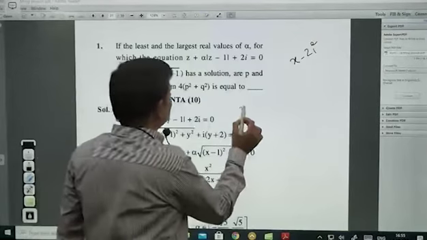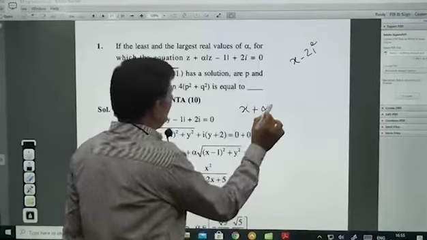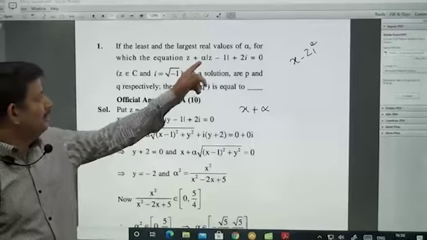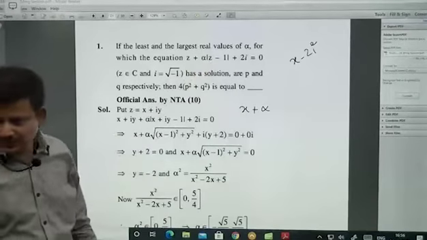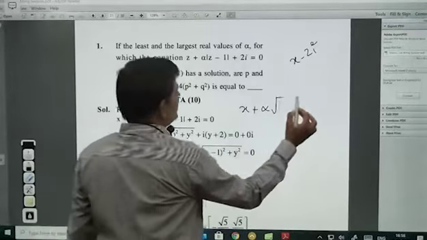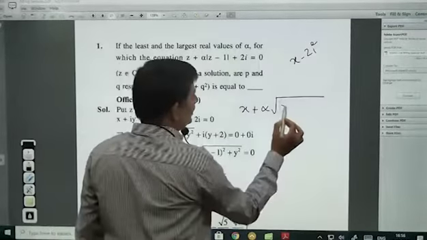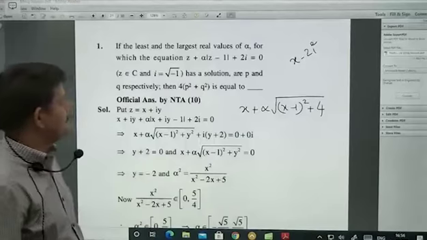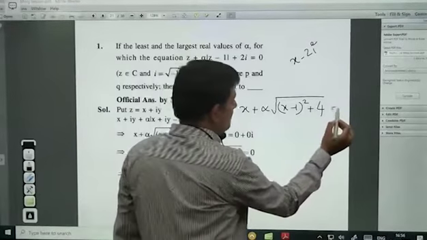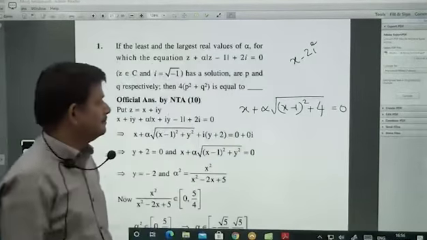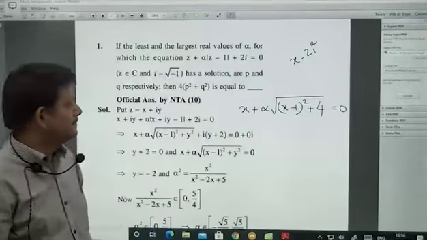So substitute in it. What will it be? x plus alpha into, what will be mod z minus 1? Under root, distance from 1, x minus 1 whole square plus 4, is how much? 0. So alpha is equal to what?